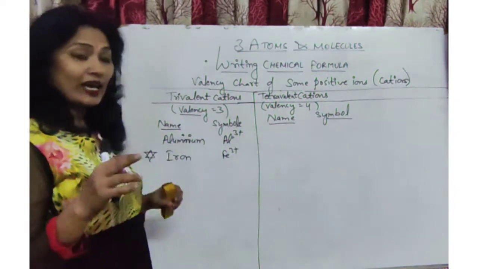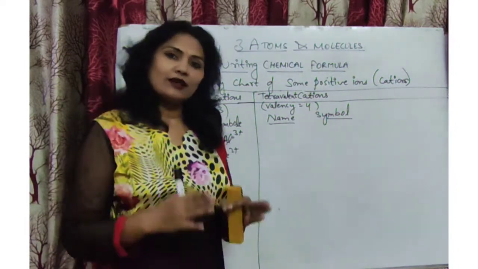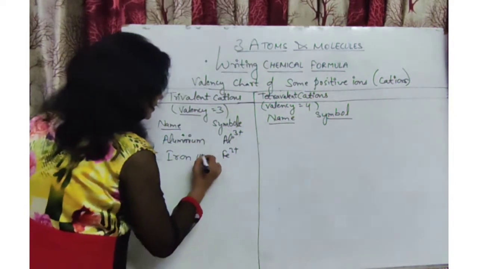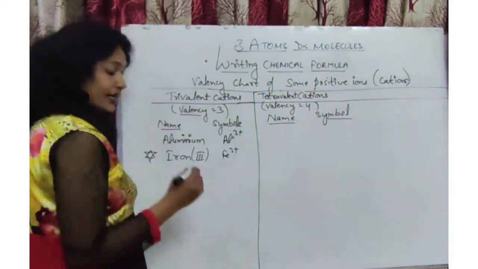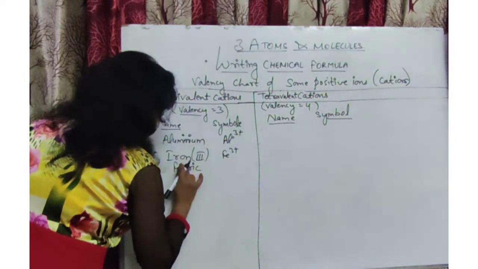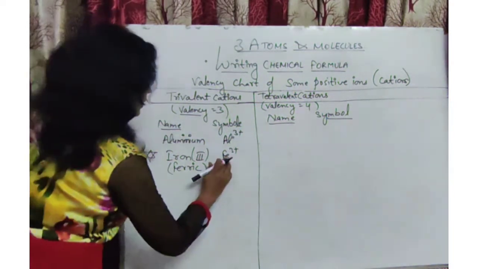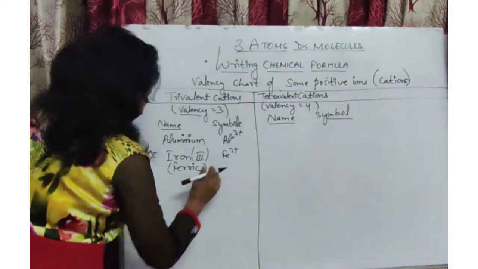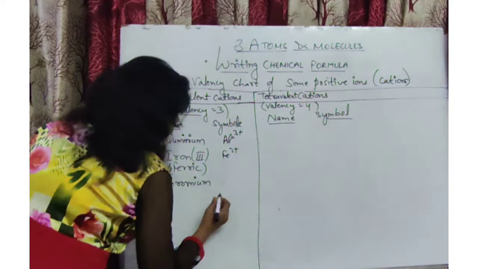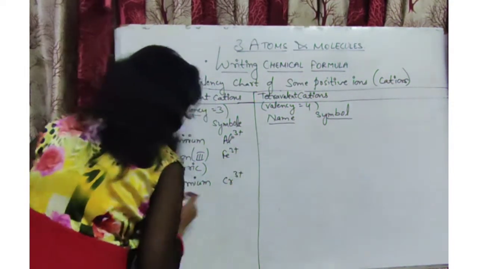So 2 valency we had, I have told you that it is known as ferrous. Now it is known as ferric, and we can write the 3 here in front of the iron. So it is known as ferric iron. Then chromium. Next is chromium. Cr3 positive.